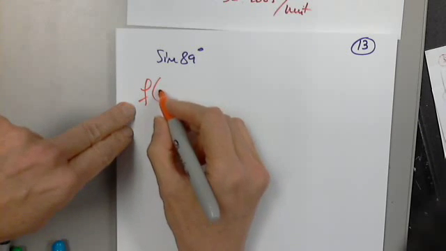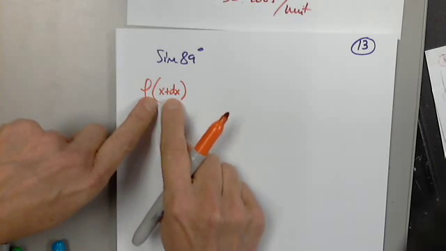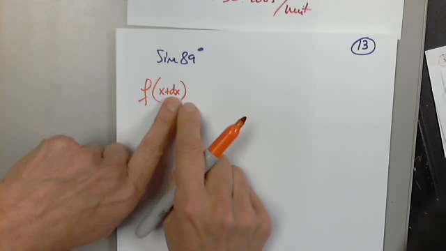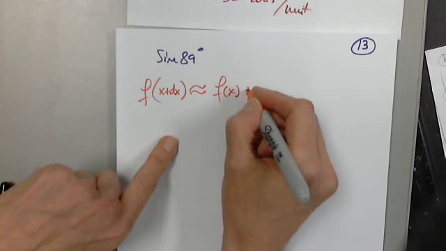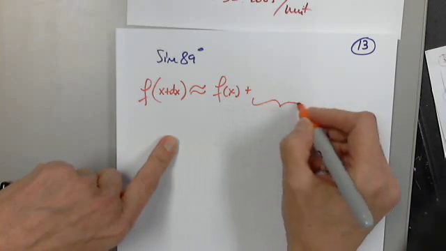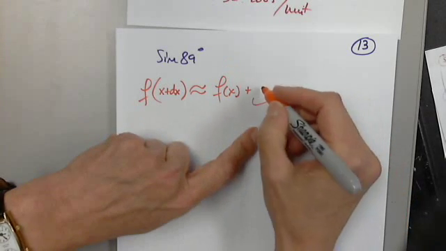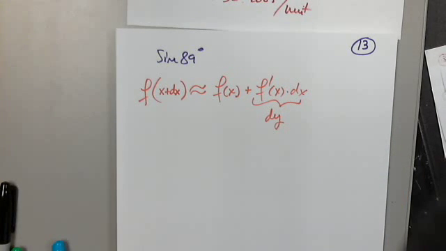So f of x plus a little bit, or an error in x, this little bit can be positive or negative, of course, is approximately equal to f of x plus a little bit of y, which is dy. dy is a differential of y. But I have to write the definition, which is f prime of x dx. So if you remember this, you will be able to use it not just now for this test, but in general.